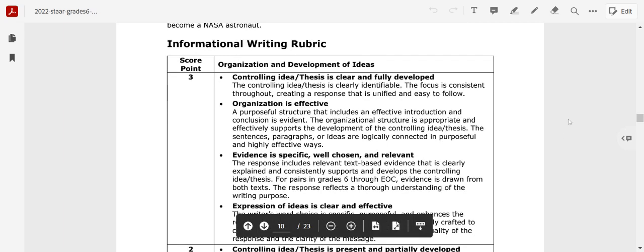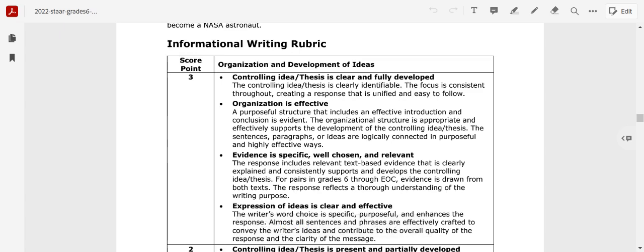Sixth grade could potentially have an argumentative writing prompt as well. The thing that is different about sixth grade and up is they can also have a question on a double passage. So if they do ask a question about a double passage, the students would need to get evidence from both passages to answer the question.